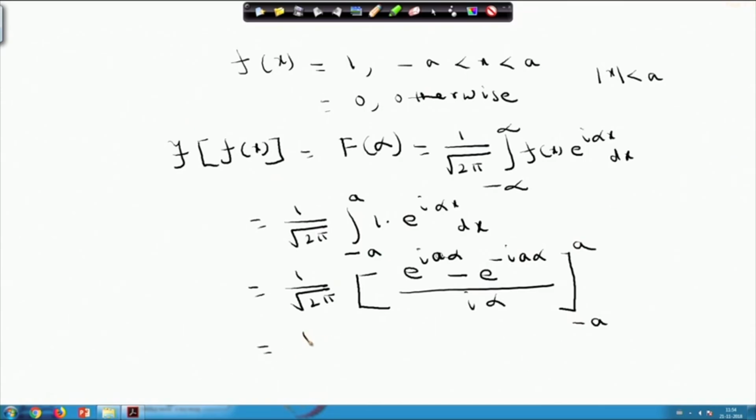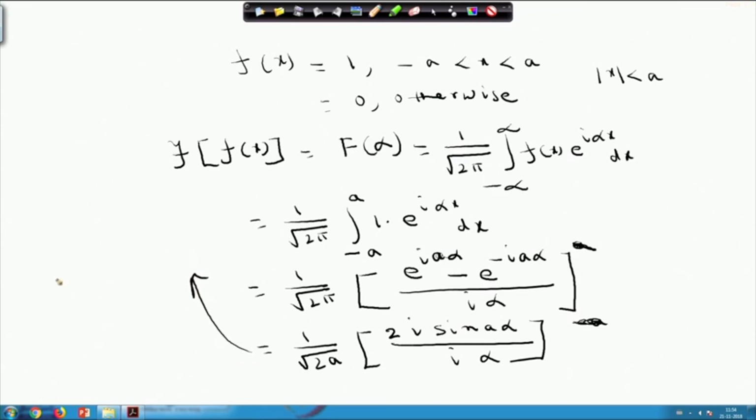The limits have already been substituted. So, e power i a alpha minus e power minus i a alpha I can write down as 2i sine of a alpha, divided by i alpha, and this equals root over 2 by pi into sine of a alpha divided by alpha.